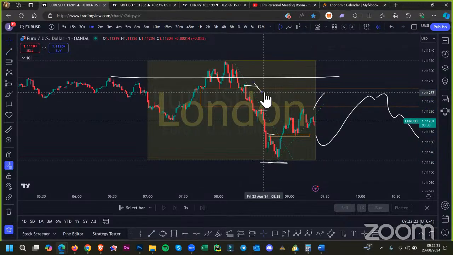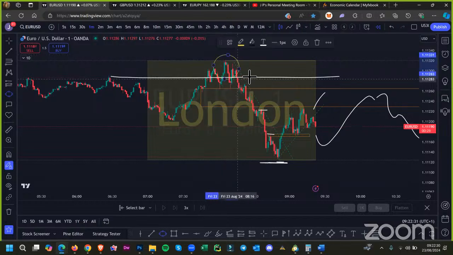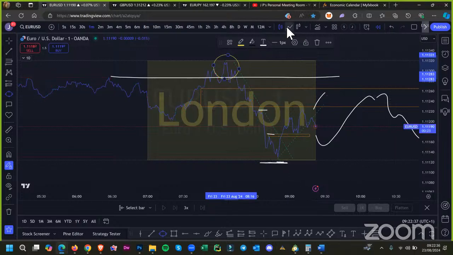Within that session it's kind of showed you we're on grabbing liquidity, we're on going south. So trading north within this session is maybe not the best idea.